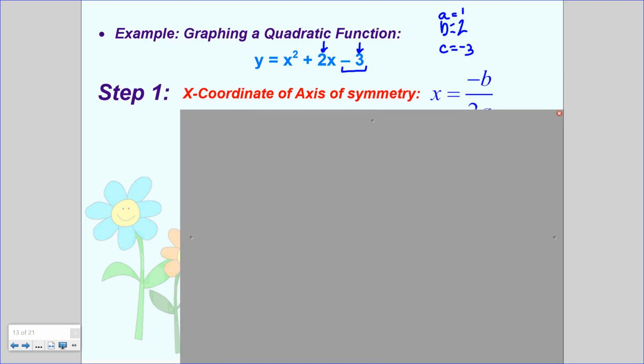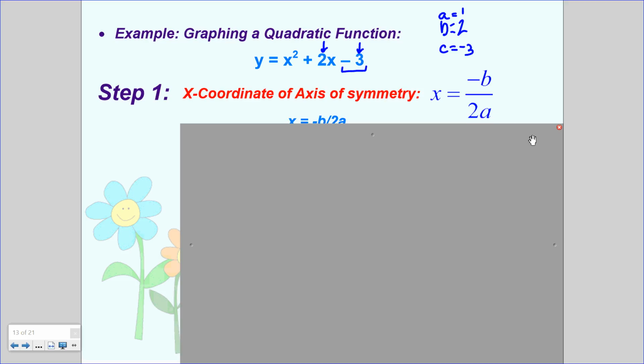All right, so step 1 is to find the x coordinate for the axis of symmetry. When we have A and B and C stated, this will make this portion of finding the x coordinate of the axis of symmetry, or finding your axis of symmetry equation, pretty straightforward. All we're going to do is fill in the numbers for B and A using that equation x equals negative b over 2a.